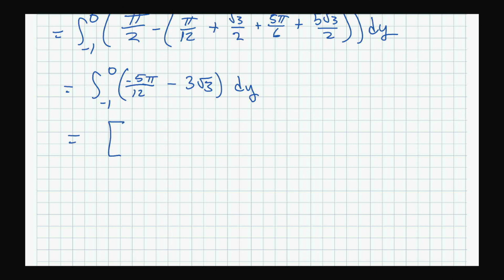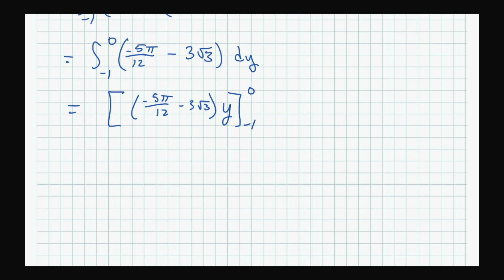So now integrate with respect to y. But guess what? There are no y's. So that means that when you integrate here, you're just going to basically get this constant, right? All of this is a constant here. 5 pi over 12 minus 3 root 3 y, and then evaluate that between -1 and 0.